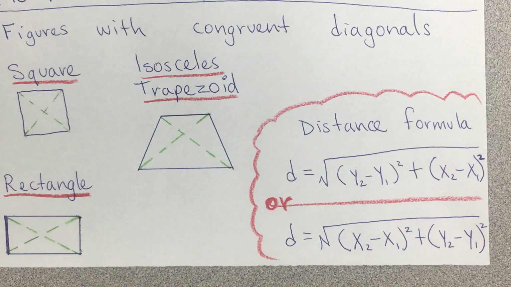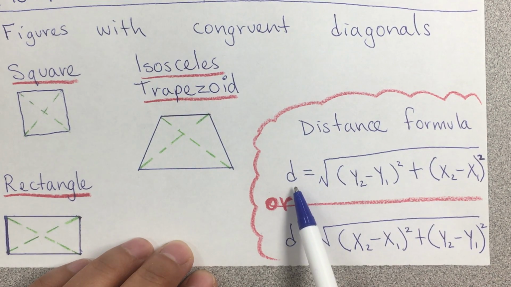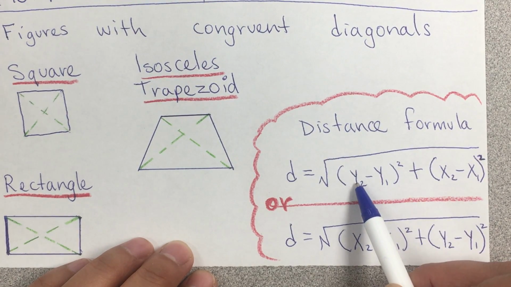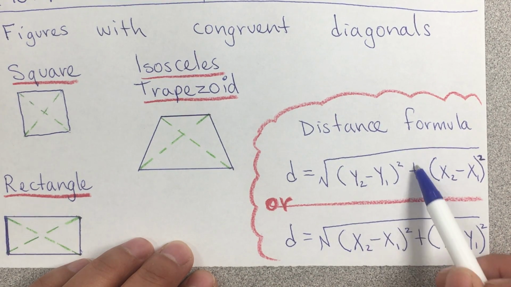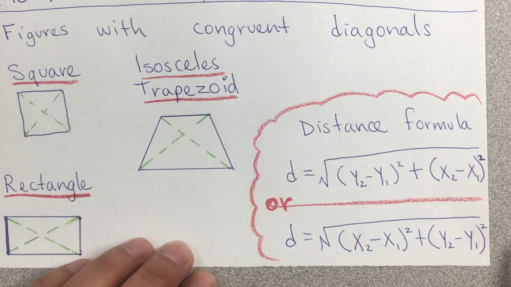We will also need the distance formula, which we learned before, but it's d is equal to the square root of y2 minus y1 squared plus x2 minus x1 squared.